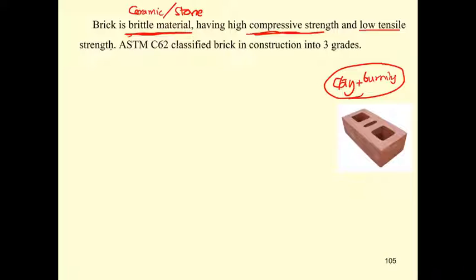We may have the so-called retaining wall that's built by brick and has soil here. The soil may also have water. So the brick must withstand the harsh environment of the soil and the water.